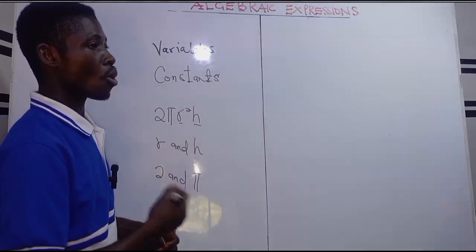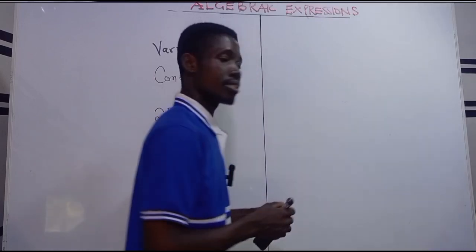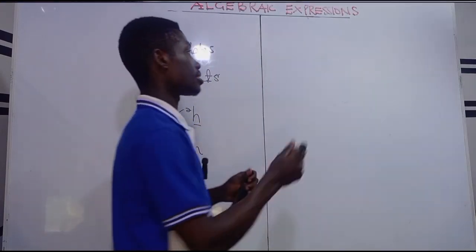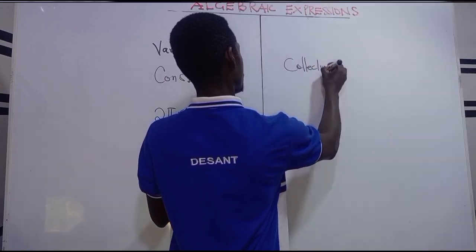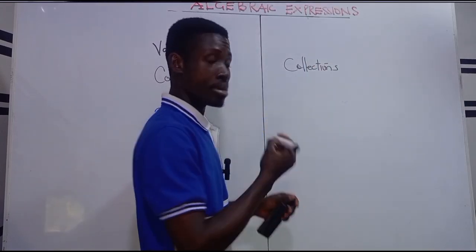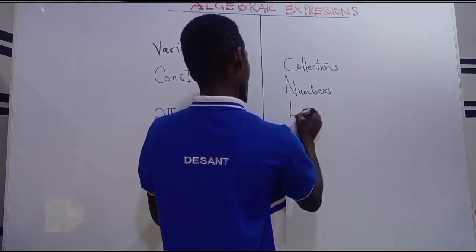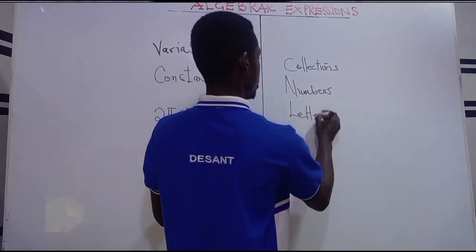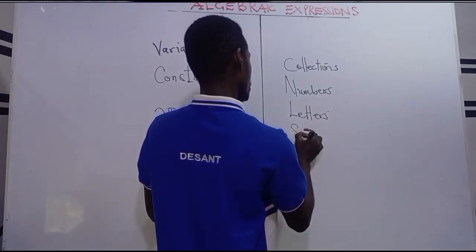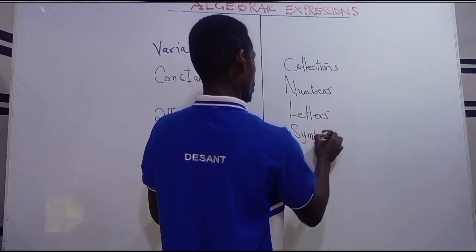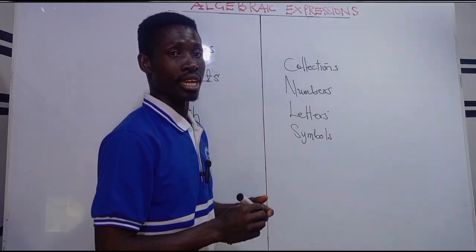Now when we talk about algebraic expression, we are referring to a collection of numbers, letters, and symbols combined with at least one of the operational signs.